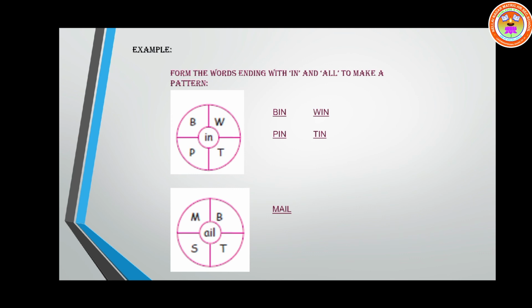Yes. Next, if I use B, bail. If I use S, it is sail. And if I use T, what is the word? Tail. So I have used IN and AIL as endings, and new sets of words are formed.